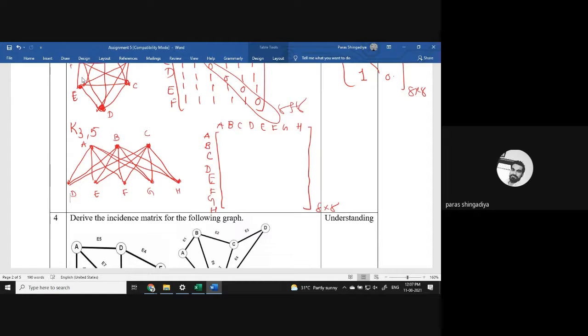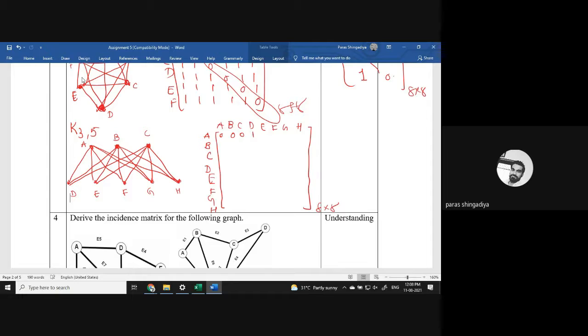And now for the entries, it is also one fixed pattern. Here A, B, C are not internally connected. A is not connected with B, A is not connected with C. Clear? Internally connected नहीं है, but they are connected with all the opposite vertices. So in the first row, the first 3 entries will be 0. पहली 3 entry क्या आएगी, 0, and the next 5 entries will be 1.